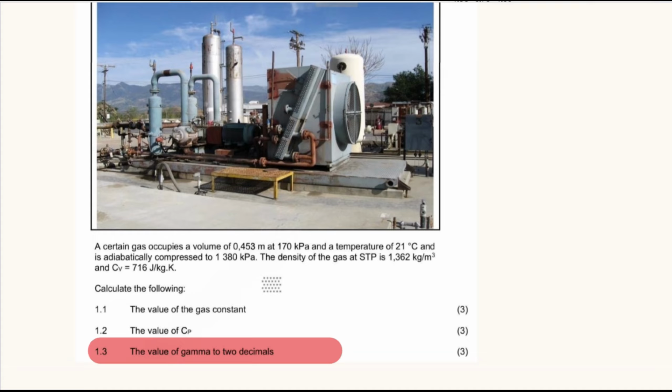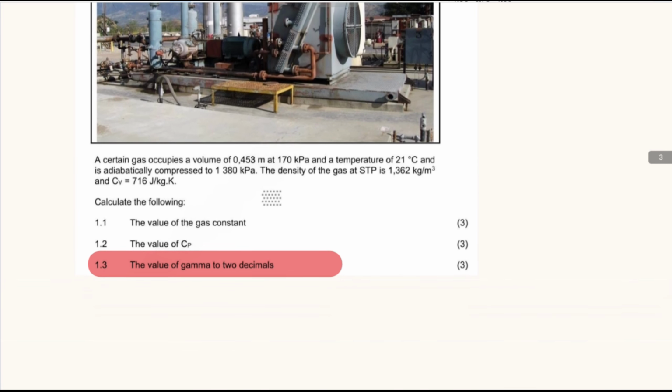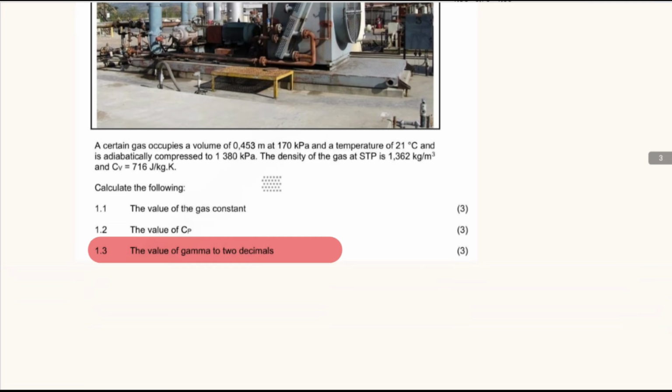And a lower gamma around 1.2, 1.3 indicates that the gas heats up less when compressed adiabatically. So a higher gamma indicates that the gas gets hotter faster when compressed, and a lower gamma indicates that the gas gets hotter slowly when compressed.